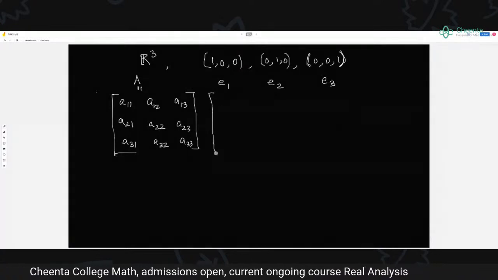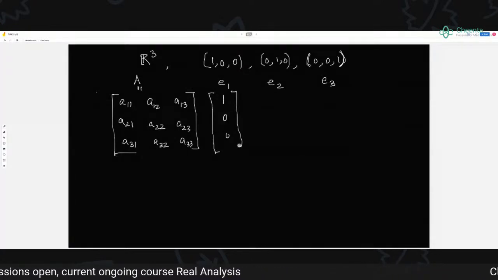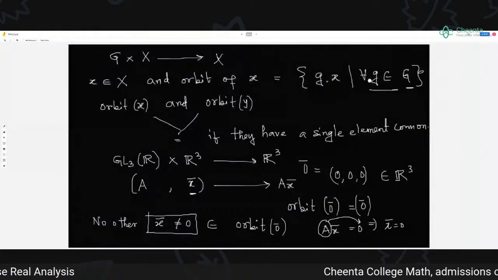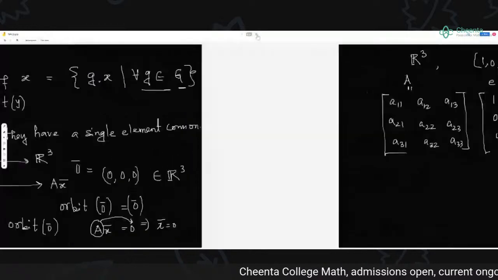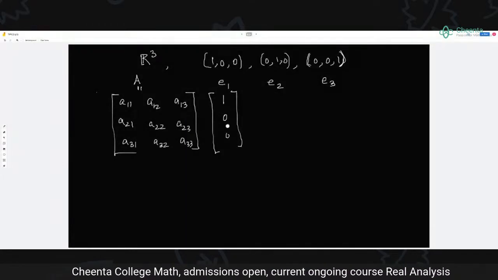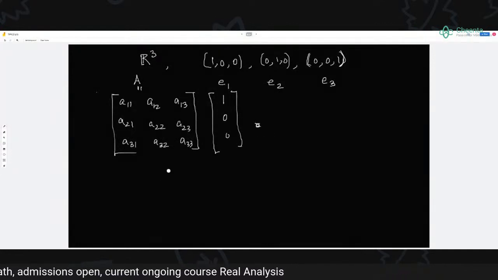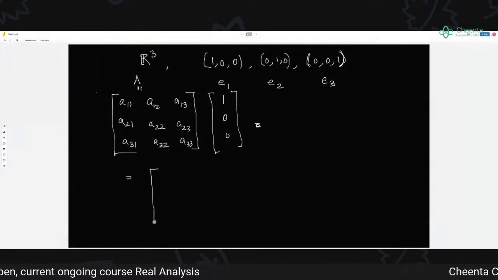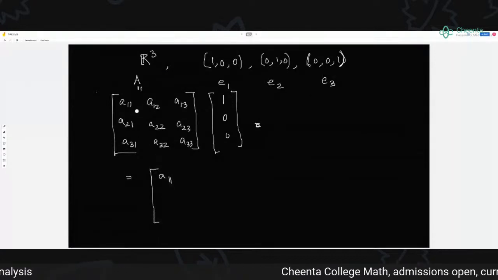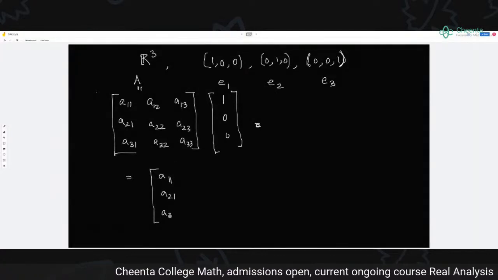If you take this with 1, 0, 0, the definition of orbit comes into the picture. Taking the left multiplication, you get A11 plus 0 plus 0, and similarly A21, A31.